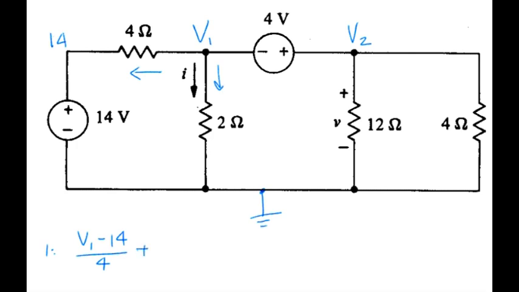And again, at this point you ignore the stated current I and just go with it in terms of what you need to do to write your node voltage equation.